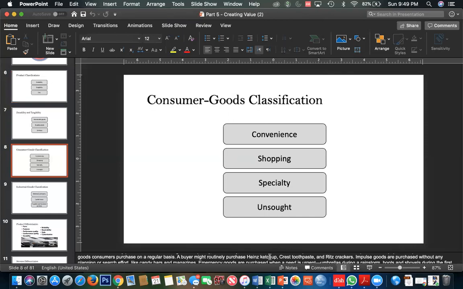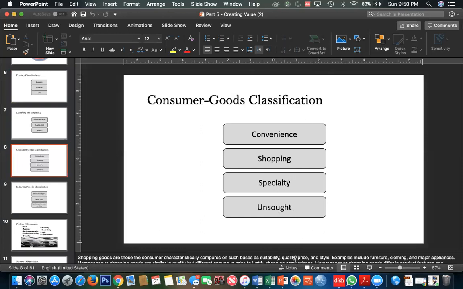Whereas shopping products have characteristics that are much more influential in our decision to buy, like the price and the style. For example, clothing is a shopping product. Furniture is a shopping product where we are much more involved. Remember, as you progress, you will be more involved from convenience to unsought.